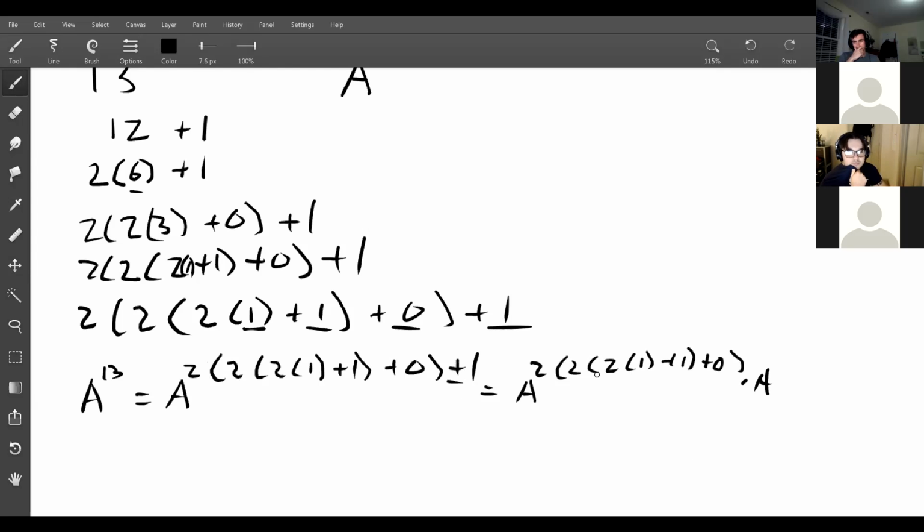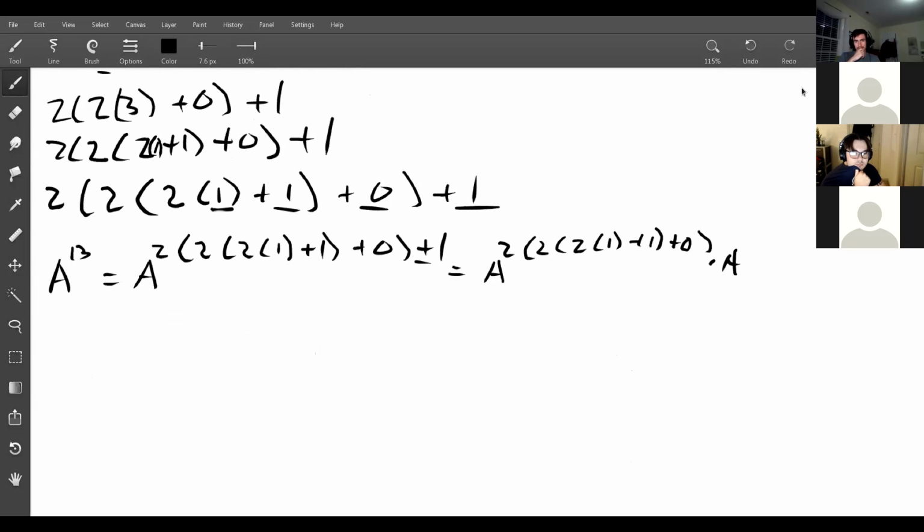So now you can use the exponent rule for multiplication. If you have a to the power of the product of 2 things, you can bring one of them as the exponent of the other. So this is actually equal to a to the 2 times 2 times 1 plus 1 plus 0, squared, times a.